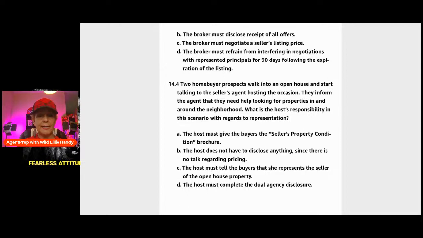Yes, the answer is C. The host must tell the buyers that they represent the seller of the open house property. Okay, because the listing agent is the one hosting the open house. So now these buyers could be something that we might represent.